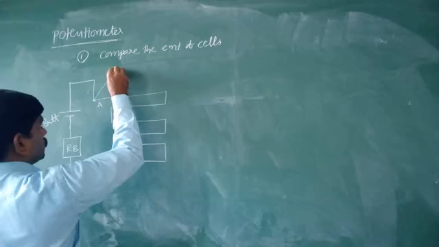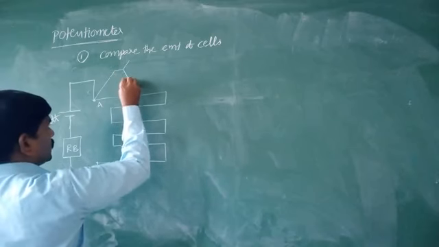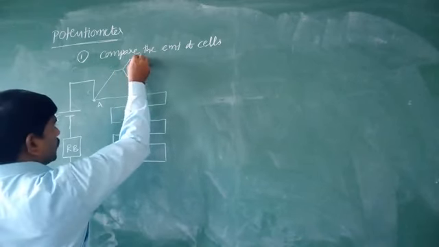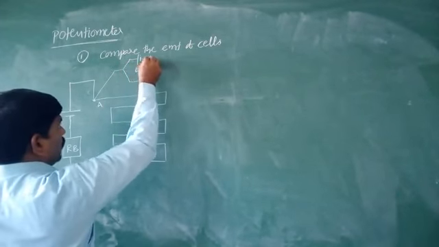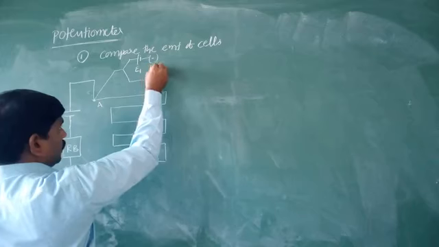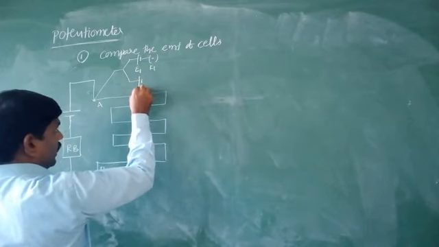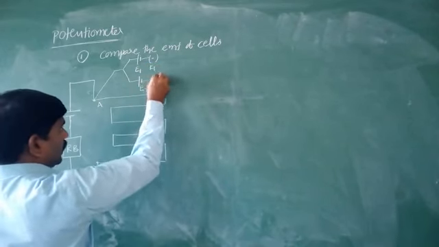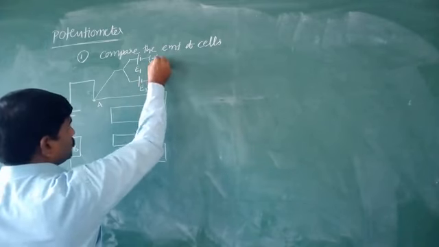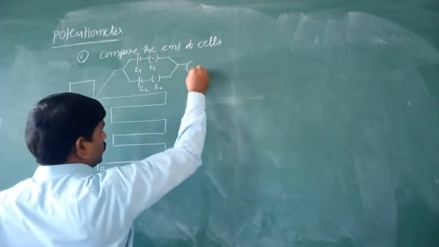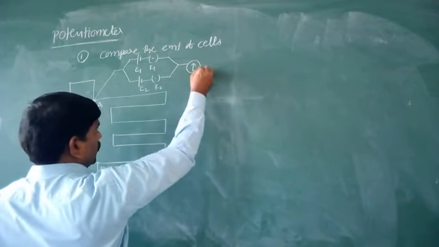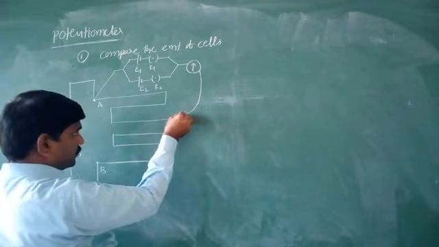This is the first cell with EMF V1 and key K1, and this is the second cell with EMF V2 and key K2. This is connected to the galvanometer and the jockey.